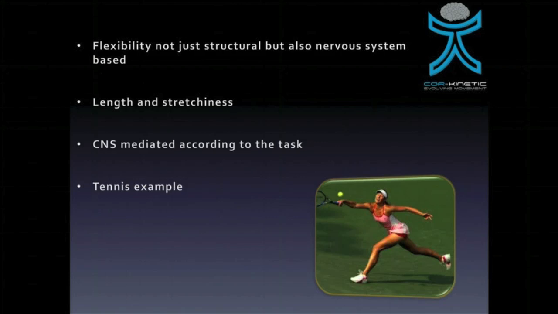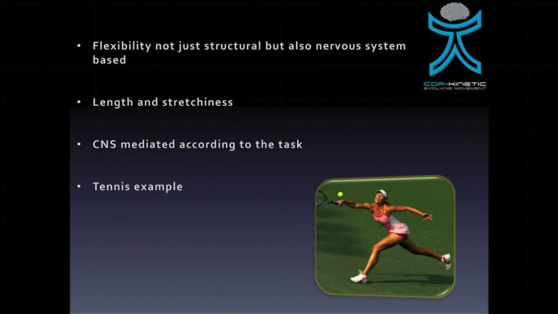If I want to reach out to get a ball that's kind of far away and I need a large range of movement, I might want to decrease the stiffness, become more compliant and allow a little bit more range of movement at my joint. If I want to hit a ball very hard, I might want to increase my stiffness again so that my backswing's a little bit shorter, I'm a little bit stiffer, I'm able to absorb and return energy a little bit better.